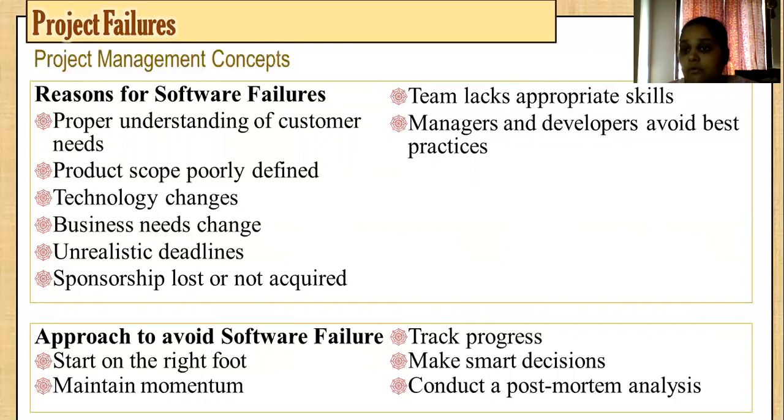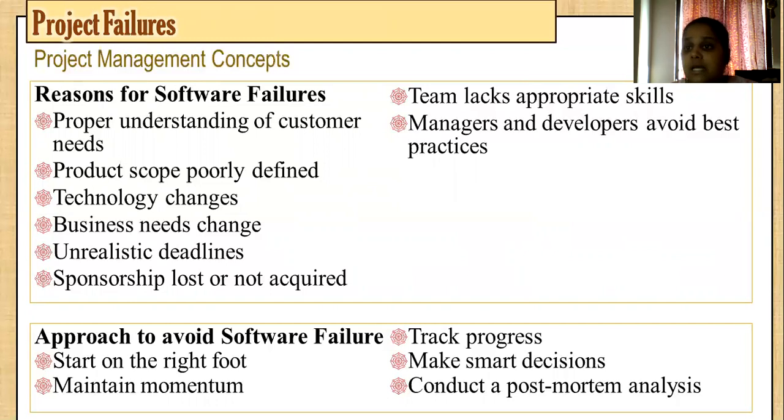Then you should track the progress of your project, means you should be able to check how many milestones have been completed and how many are left, and you should be able to take smart decisions as well as quick decisions also, and you should be able to conduct a post-mortem analysis where if you have found any risk or some mishap has happened, then you can directly analyze that.